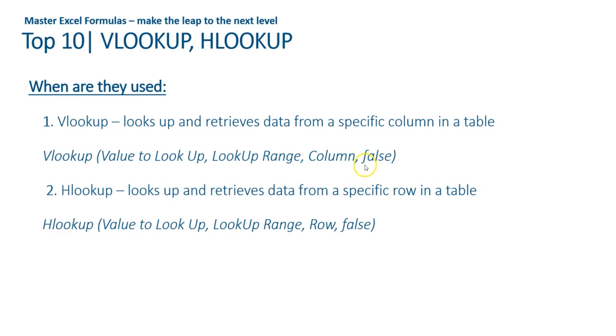False ensures that an accurate outcome is provided, whereas if this is true, the outcome can be approximate as well. HLOOKUP is pretty similar, but this formula retrieves data based on rows rather than columns.